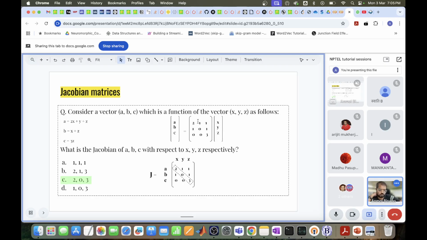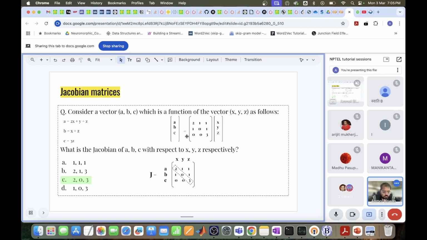Like I said, you can basically write out these equations, right? If you write x, y, z as a vector, then the coefficients of x, y, and z in each equation are nothing but the rows of the matrix. So the first row is 2, 1, 1, the second row is 1, 0, 1, the third row is 0, 0, 3.